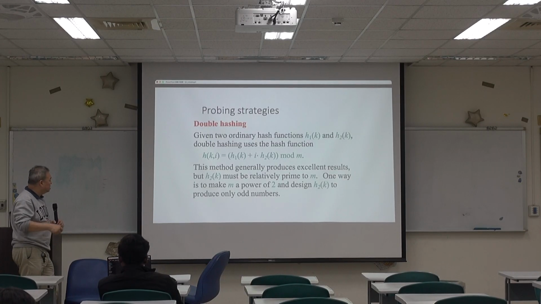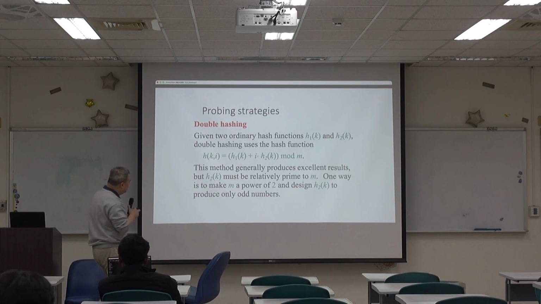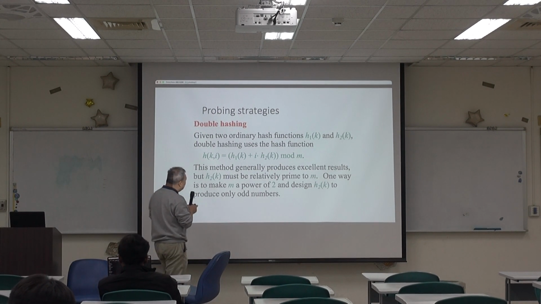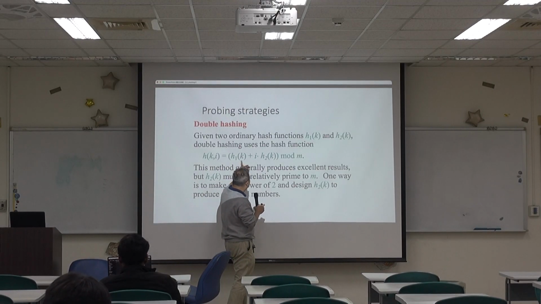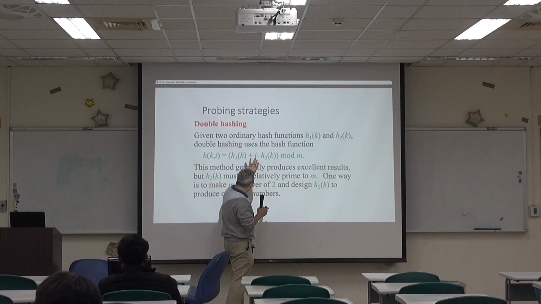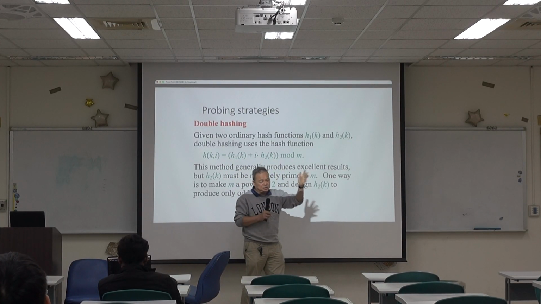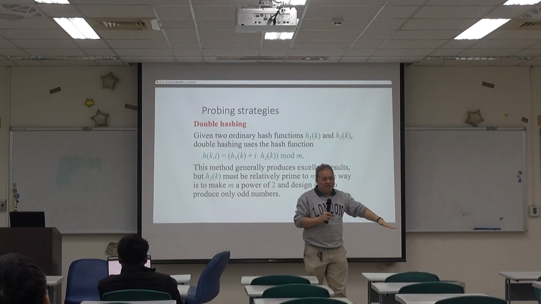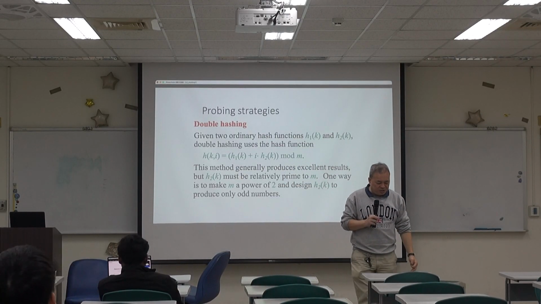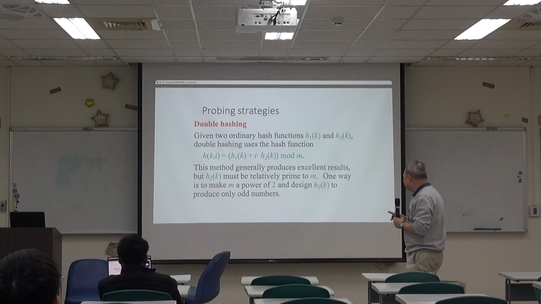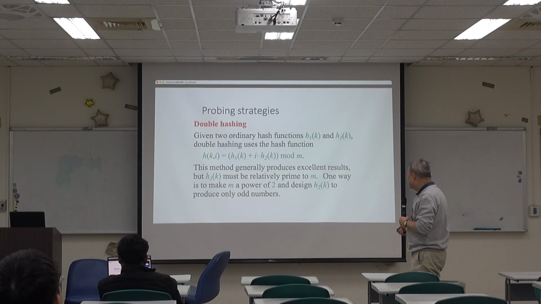So here, in order to make sure that with the increment of i, this is going to exploit all the space in your hash table, you have to guarantee that h2(k) is relatively prime to n.